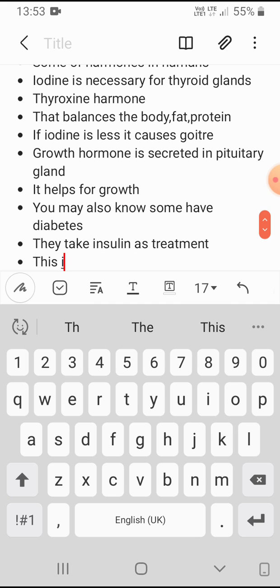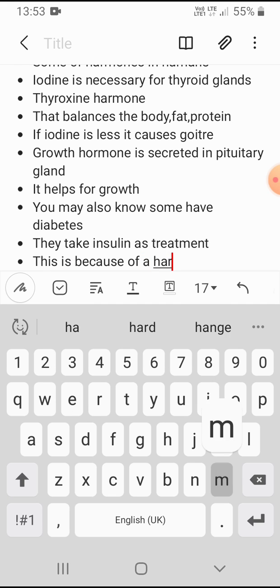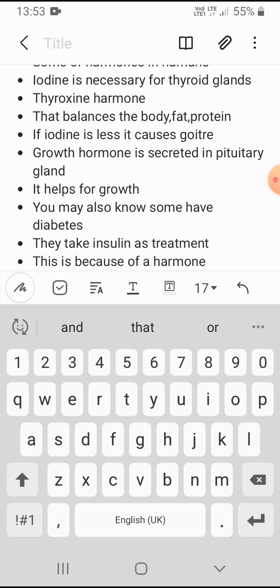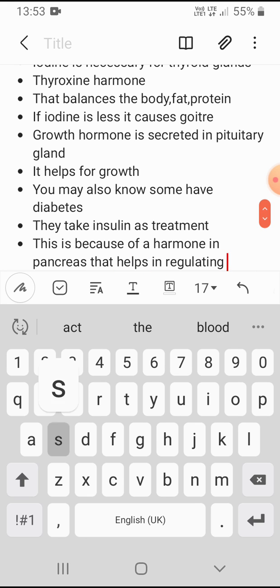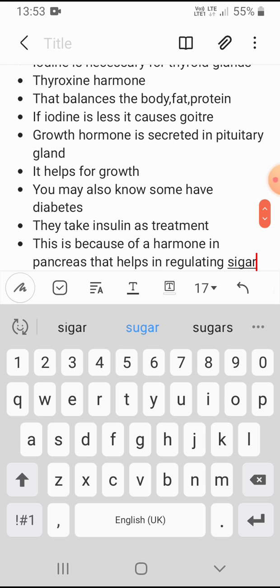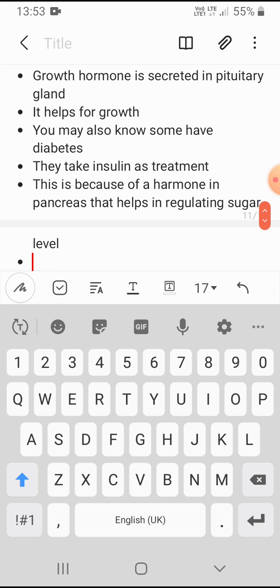This is caused because the hormone produced in the pancreas, which helps in regulating sugar level, is not working correctly.